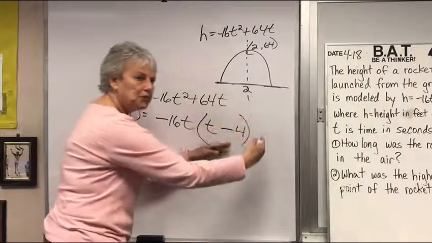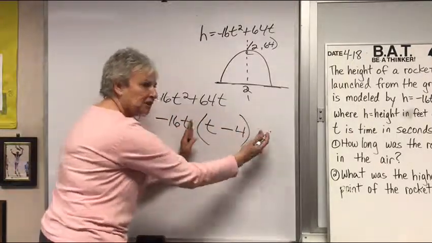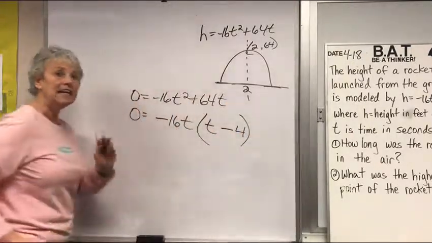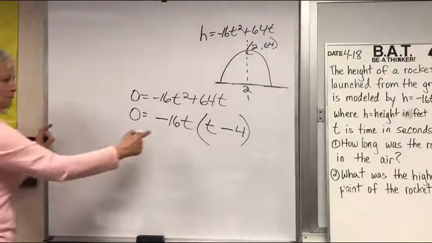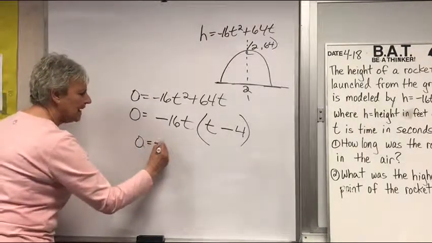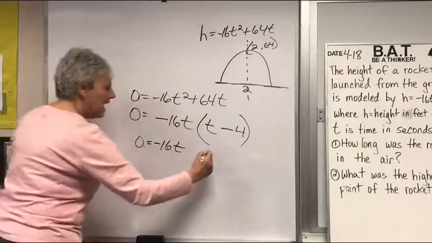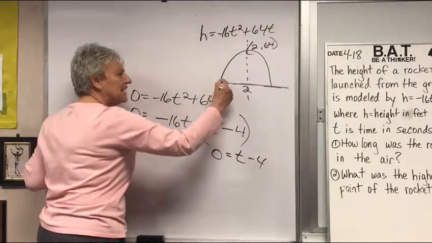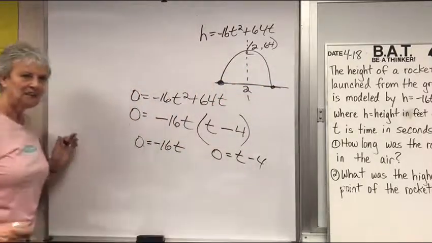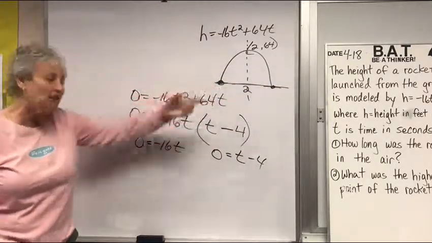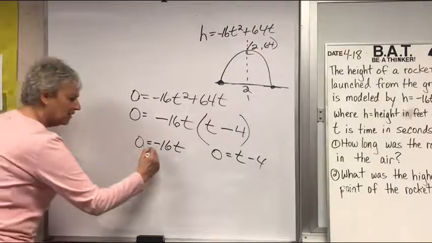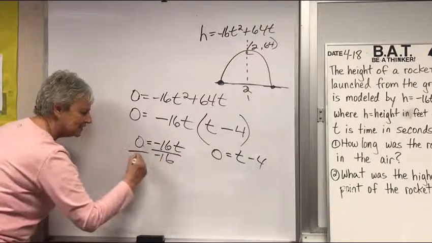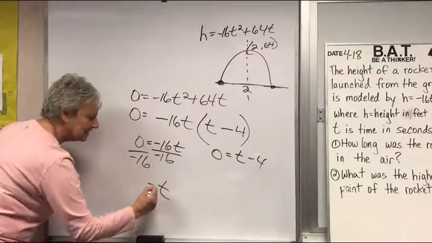We now have two factors. This is a factor and this is a factor equal to 0. If we set up 0 equals negative 16t and 0 equals t minus 4, we're going to get this answer and this answer. Now, we already know this is 0, 0, but it's going to show you it's 0, 0. Divide by negative 16, divide by negative 16.